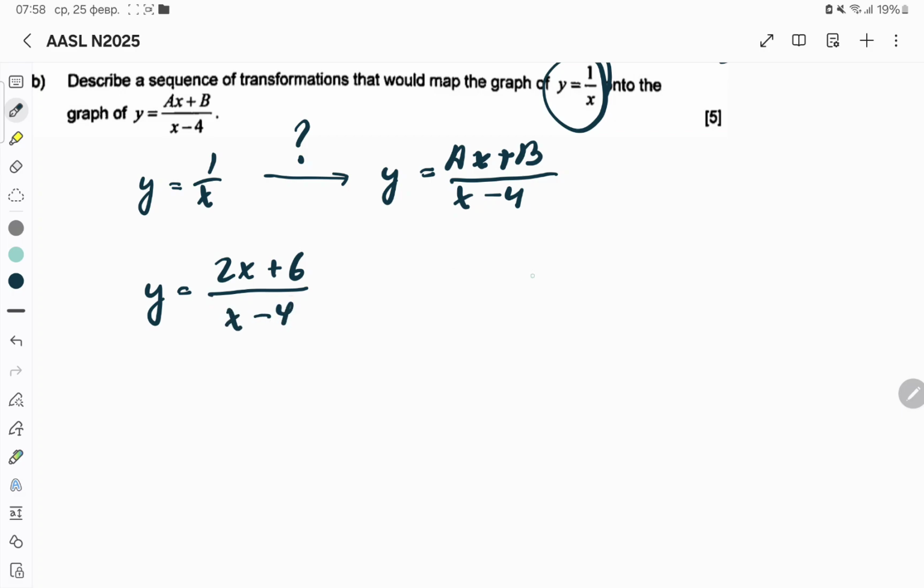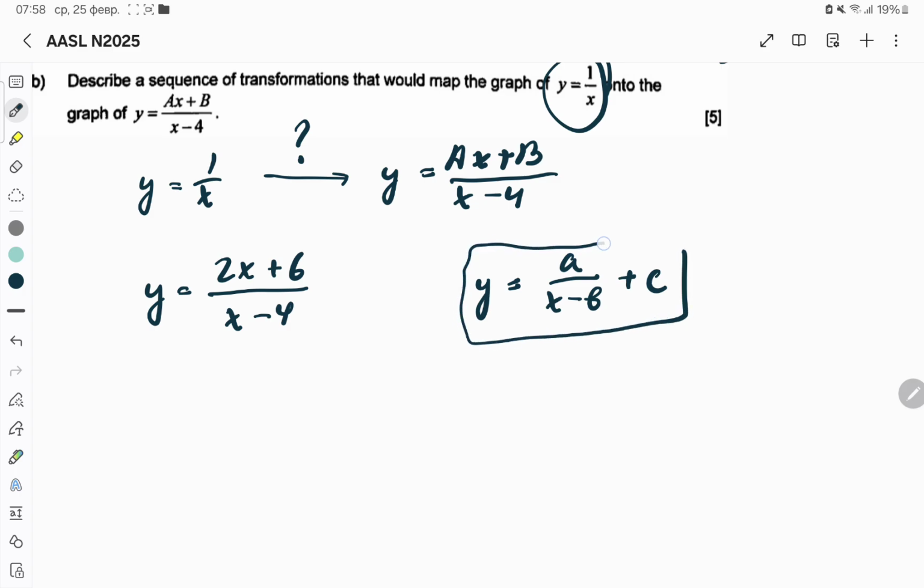What to do, guys? Do you remember that we can obtain the graph of a over (x minus b) plus c? This form helps us understand what kind of transformation is involved. That is why we have to convert this form into that form. What to do? 2x minus 4 plus 4.